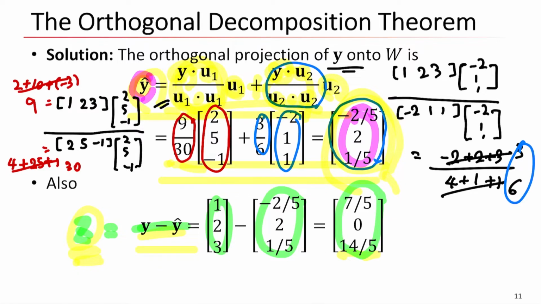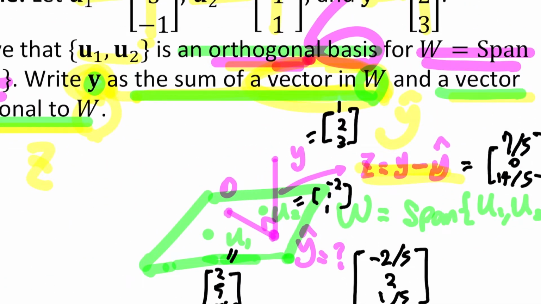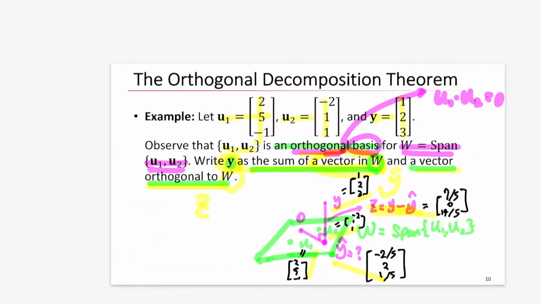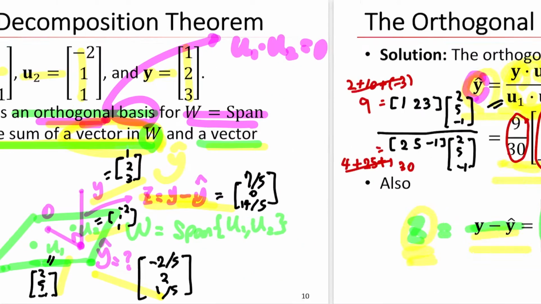If you draw a figure with y here, y hat here, u1, u2, and z, this is the orthogonal decomposition of the given arbitrary vector y and subspace W.